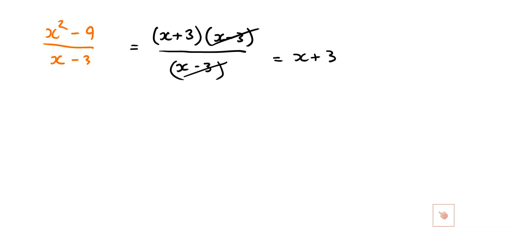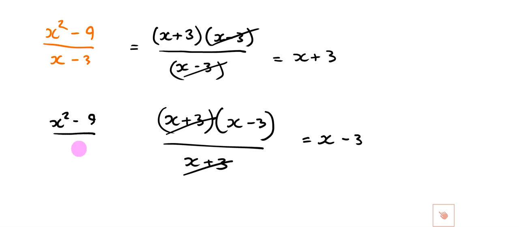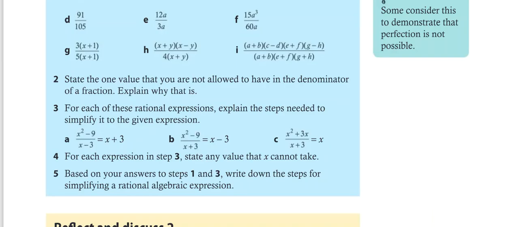The exact same thing: we get x plus 3, x minus 3 over x plus 3. We will cancel that one, and be left with x minus 3. And then finally, x squared plus 3x over x plus 3.